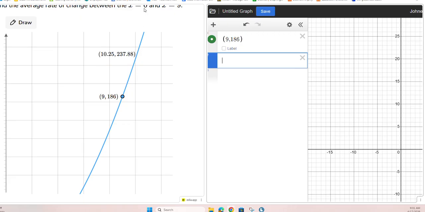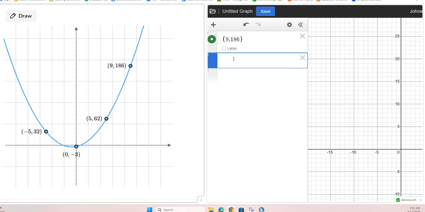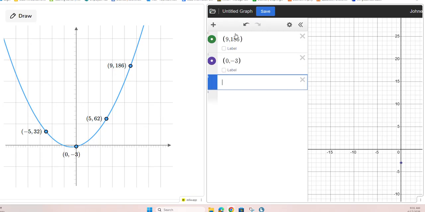And then my other one I'm looking for is 0. So I got 0 and -3. All right, we're going to calculate the rate of change between these two intervals. I'm going to put my parenthesis, 186 minus -3 over 9 minus 0 again, and I get 21.